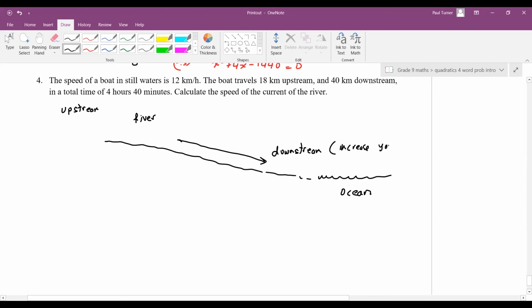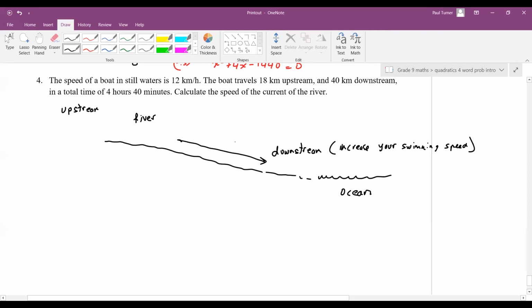Increase your swimming speed. Or if you're in a boat, it's the same. This swimming we can understand because most of you know how to swim, I hope. If you can't swim, just pretend you can swim. So we'll swim downstream and your speed will increase because the water's all pushing you down, isn't it? But when you try to swim upstream, you're fighting against the current.